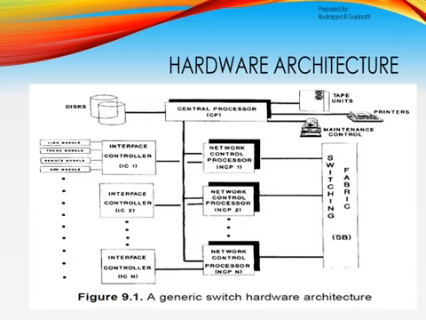So let us move further to the first part of this module, that is hardware architecture. Here we can see that previously, in the previous part of this module, we had discussed the functionalities of the interface controller, the functionalities of the NCP, that is network control processor, the functionality of a switching fabric, and the functionality of a central processor, and how they are linked, and what is the operating system related to all these things.